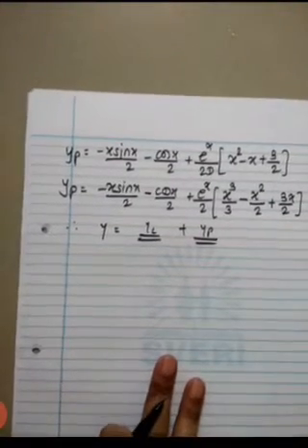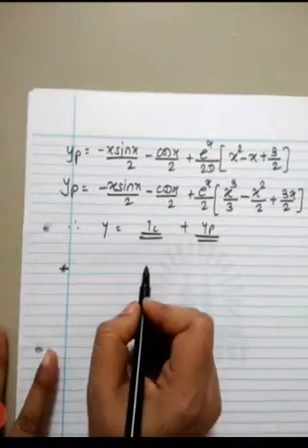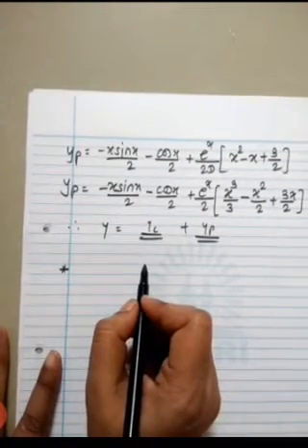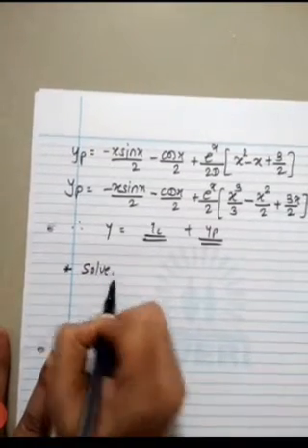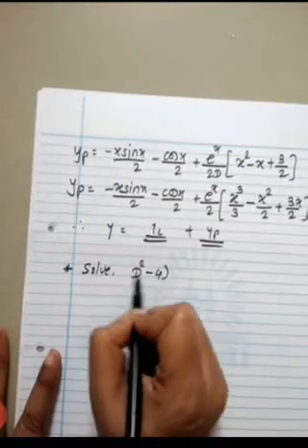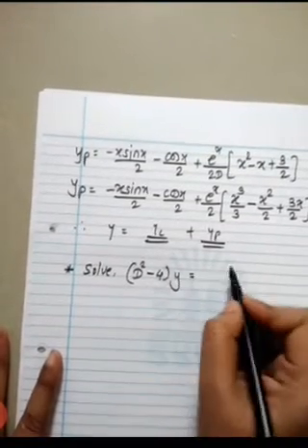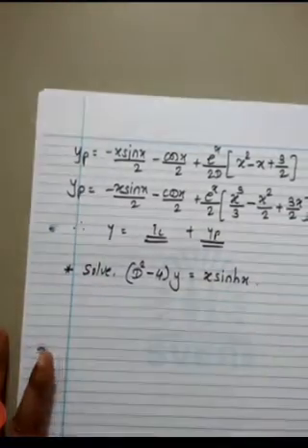Any doubt? No, ma'am. Write down the next one then. Solve d square minus 4 y is equal to x sinh x.